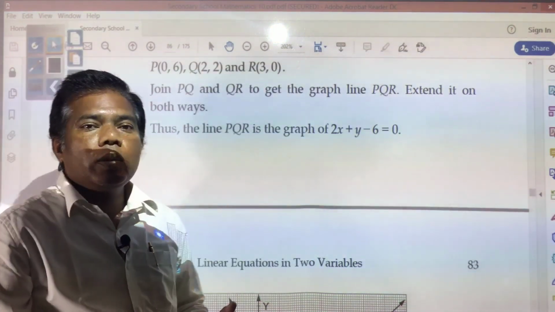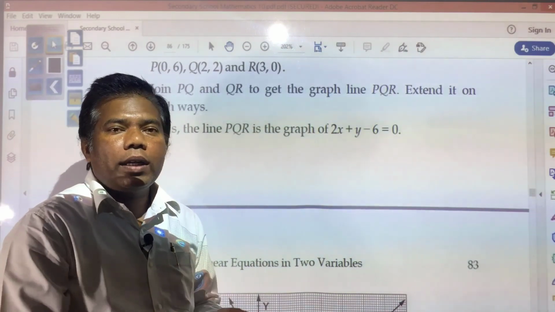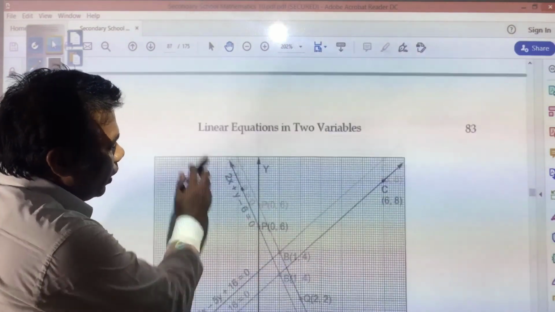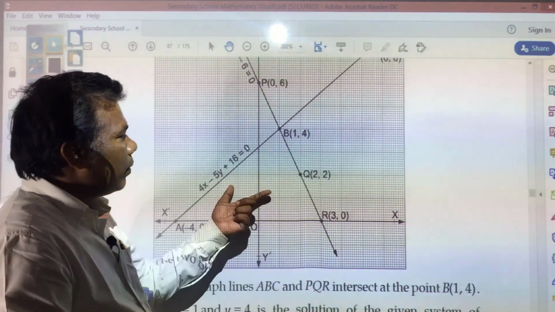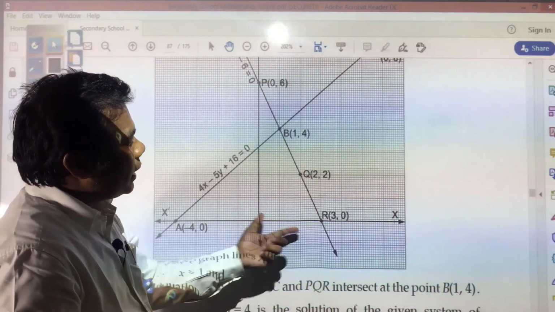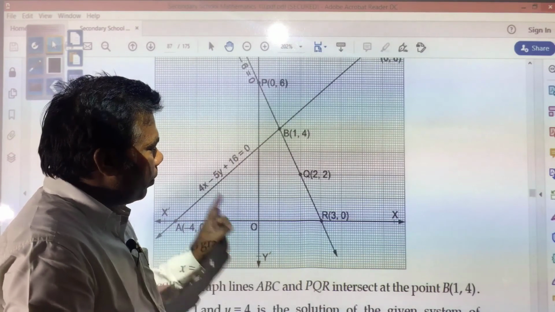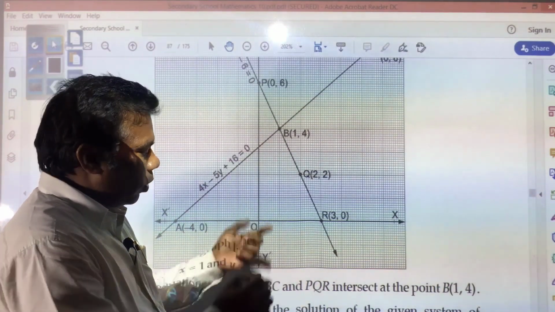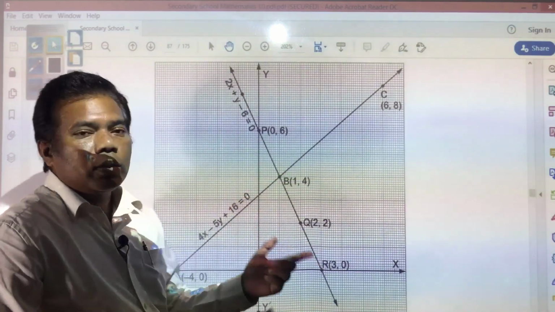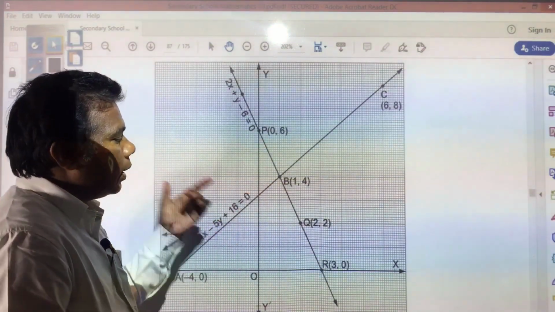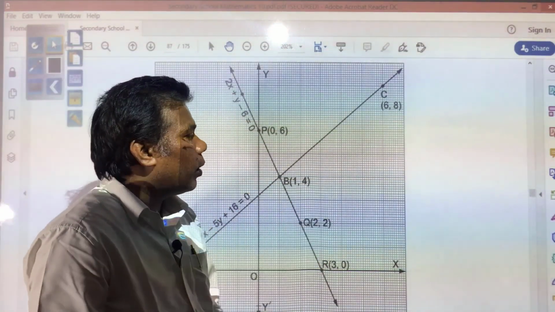You practice in your graph sheet, not in a rough copy. Never try to plot in a rough copy or in a general copy. Purchase a graph sheet and there itself, in a proper way with the help of a ruler, sharpener, eraser or pencil, whatever things are required, keep those things ready and then plot and try to learn. This is very important for the exam.